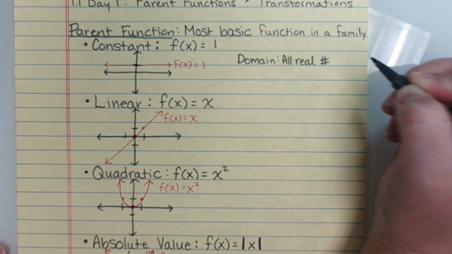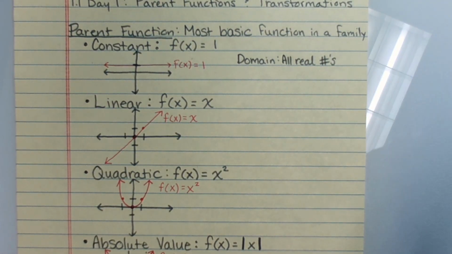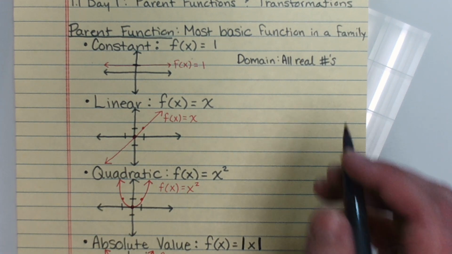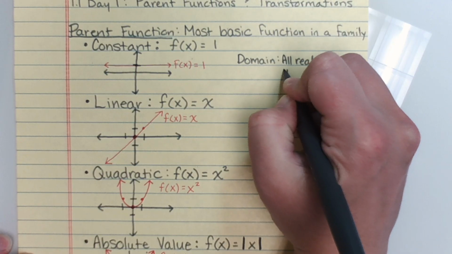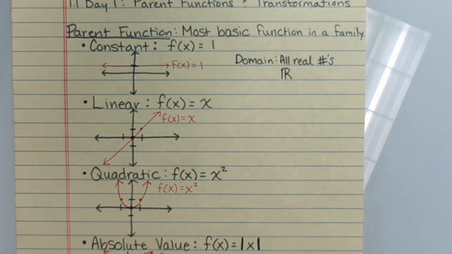Now there's a couple of different ways that you can write all real numbers. You can write it out in words, or I get lazy and instead of writing the numbers, I write the octothorpe. The hashtag. It's called an octothorpe. That's its actual name. You can use the all real numbers symbol, which is a double barred R. Just a bar with an additional line there.